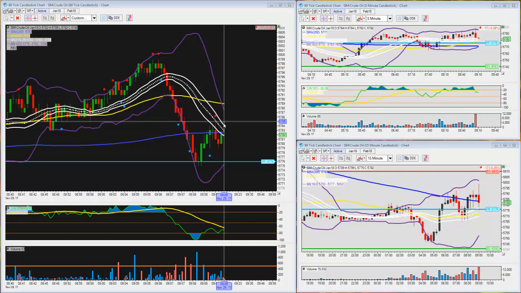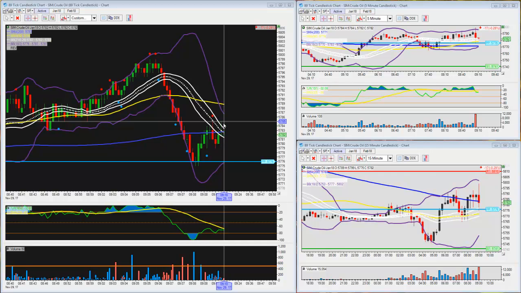The first thing I want to tell you: the three charts you could have on your screen are your trading chart, and then I have my 5 minute and my 15 minute. With the CTS platform, I have a template, so you don't have to create all this. It's that one-and-done thing. Speed and execution is what a digital marketer would call it.